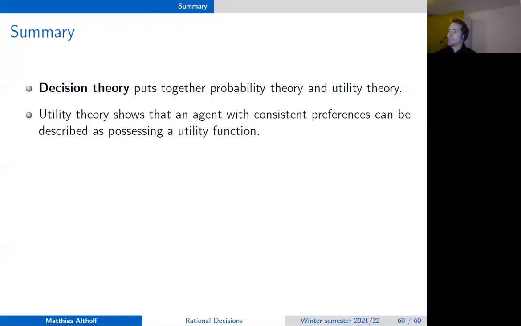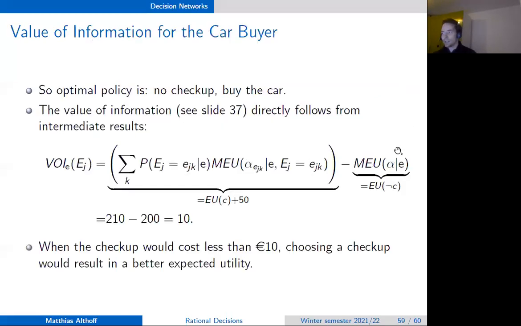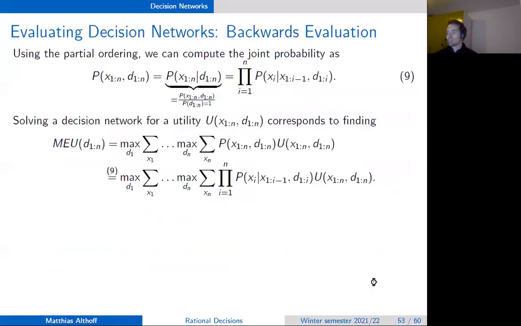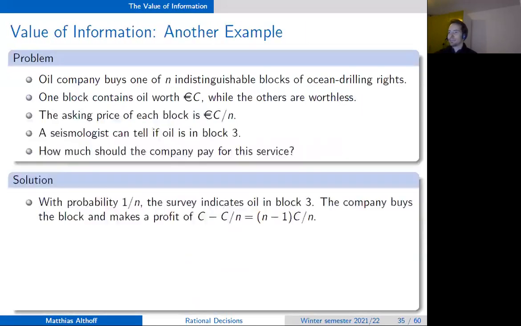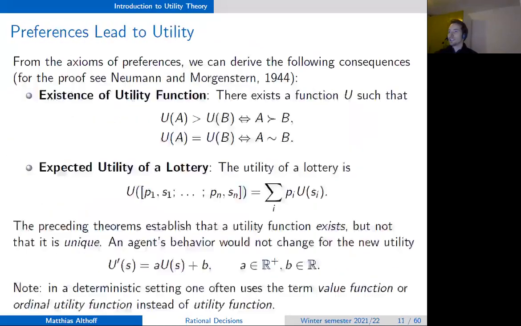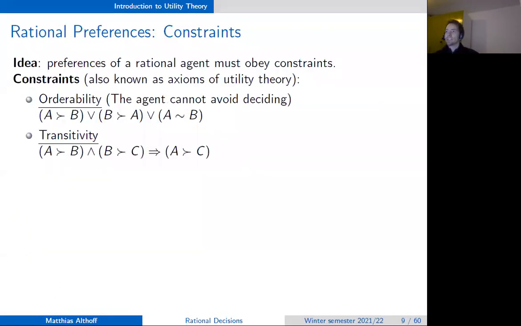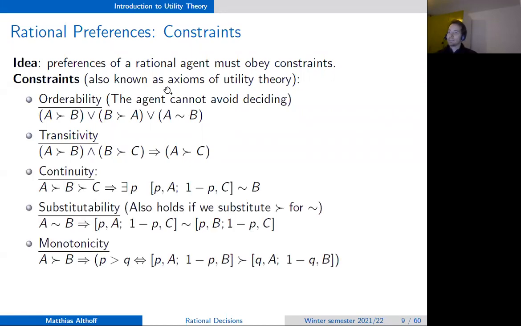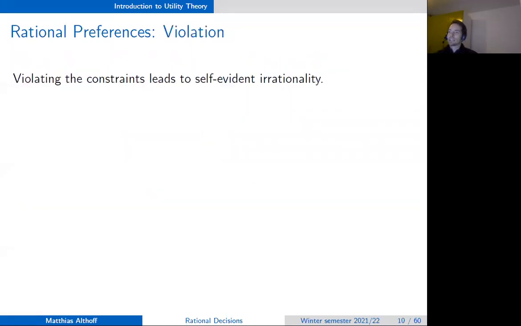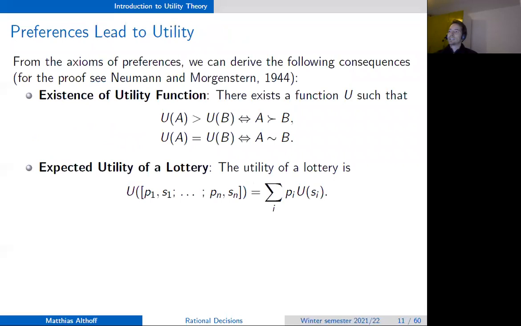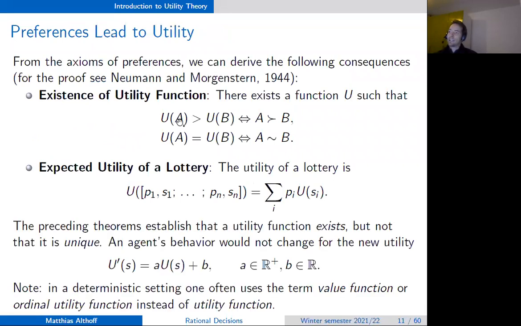So if axioms of utility theory are all valid, then as a consequence, we could obtain a utility.